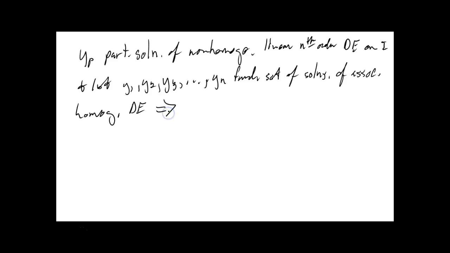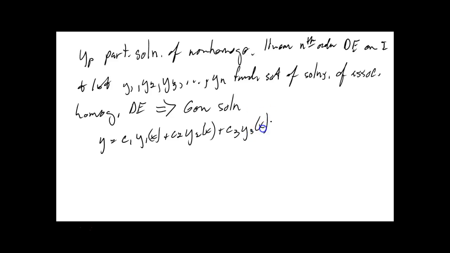Then, that's the given. Then the general solution will be a linear combination of those: y is equal to c1 y1 of x plus c2 y2 of x, all those in the fundamental set, plus c3 y3 of x plus dot, dot, dot, all the way up to and including cn y sub n of x, plus then your particular solution, yp, which could be of x also.